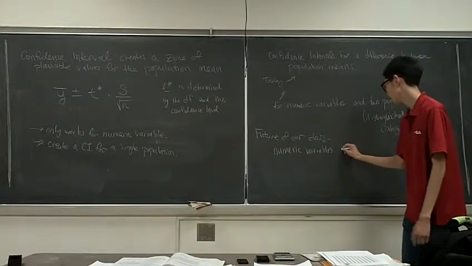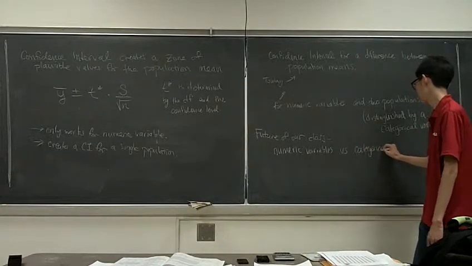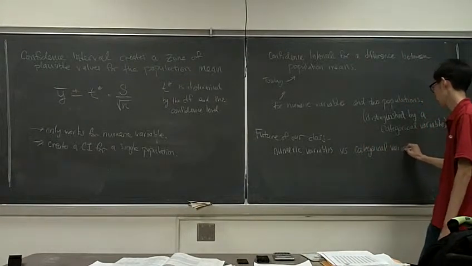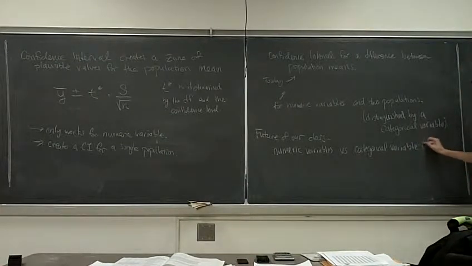Numeric variables versus a categorical variable. We will start off with just two categories, but then we'll also work our way to three or more categories.